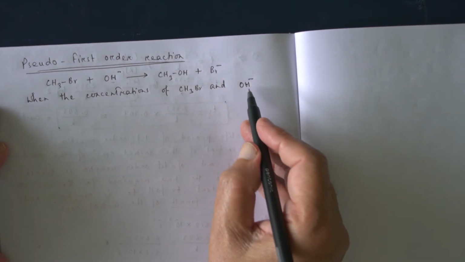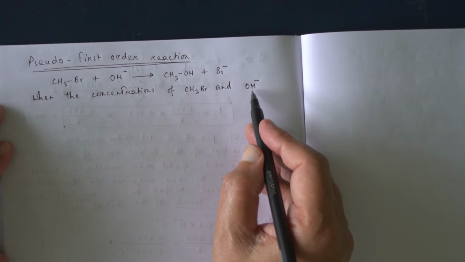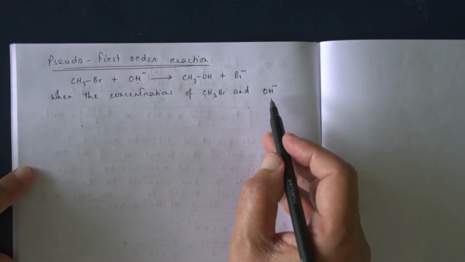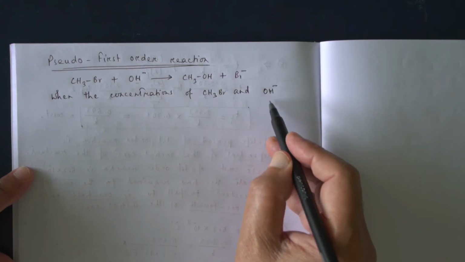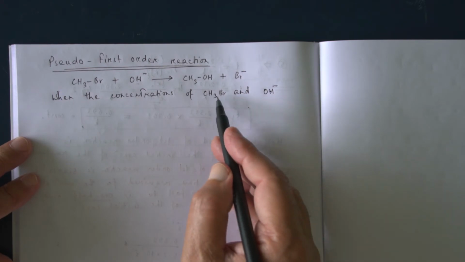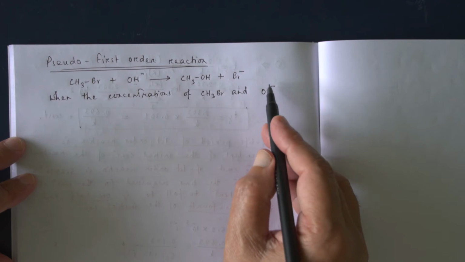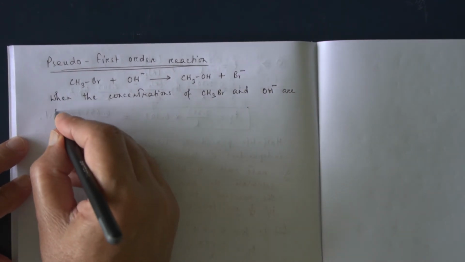Once again, what is OH minus? This is aqueous potassium hydroxide, potassium hydroxide dissolved in water. Now when the concentrations of alkyl halide, bromomethane, and aqueous potassium hydroxide are comparable.